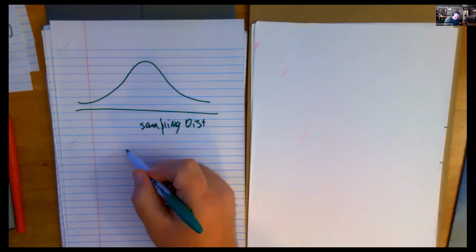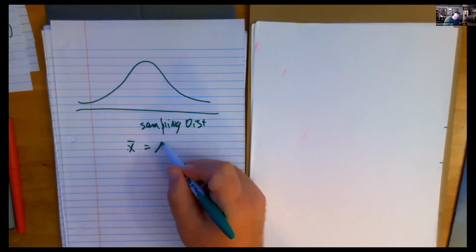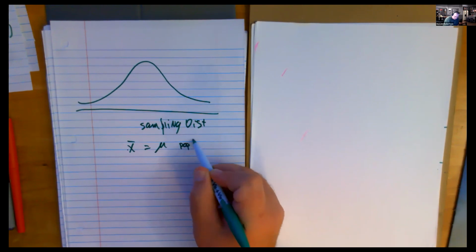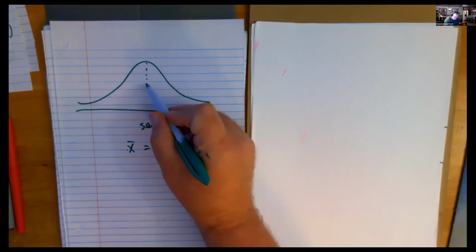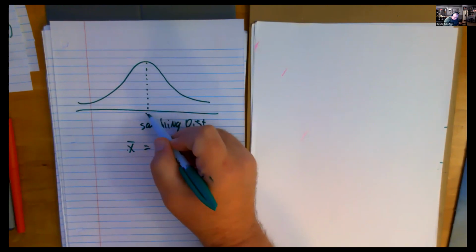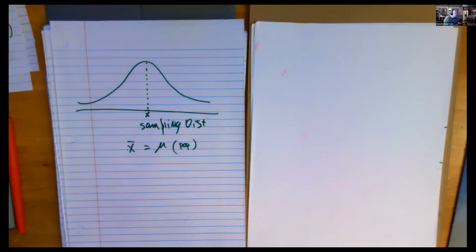And its mean is the same number as the population mean, which doesn't surprise you. If you were calculating a lot of means, wouldn't you expect the mean of the means to be the population mean? It's like taking a huge sample.